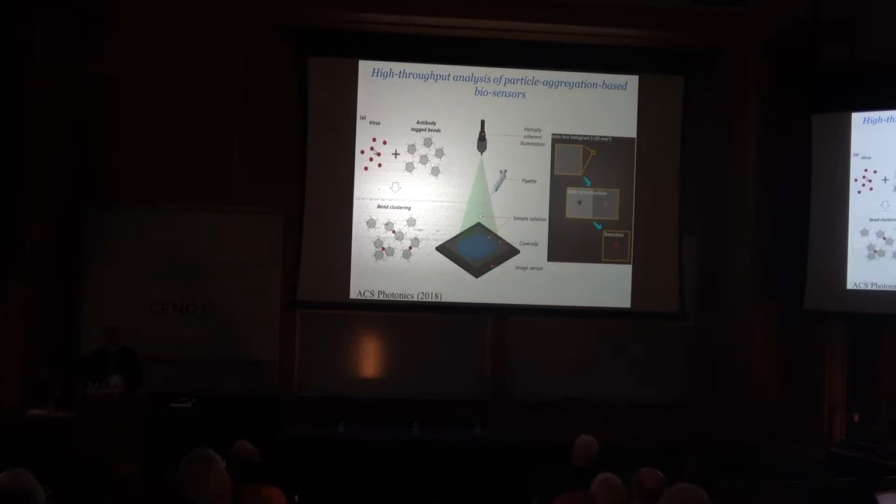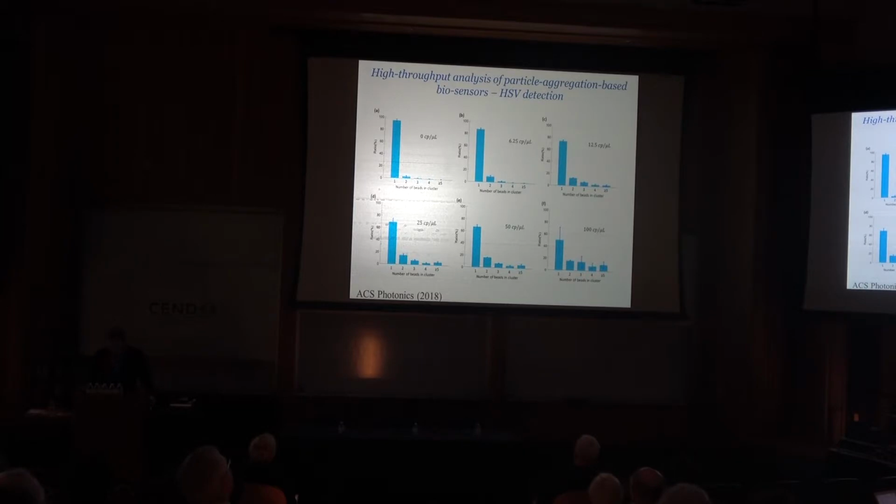In the presence of the viral particle, they cluster. This is sometimes read with visual inspection of a technician. Here we're using the chip scale lensless microscope to quantify these binding events, which essentially correlate with the concentration of the viral particle. If there is no viral particle, we get very few clusters in your sample.